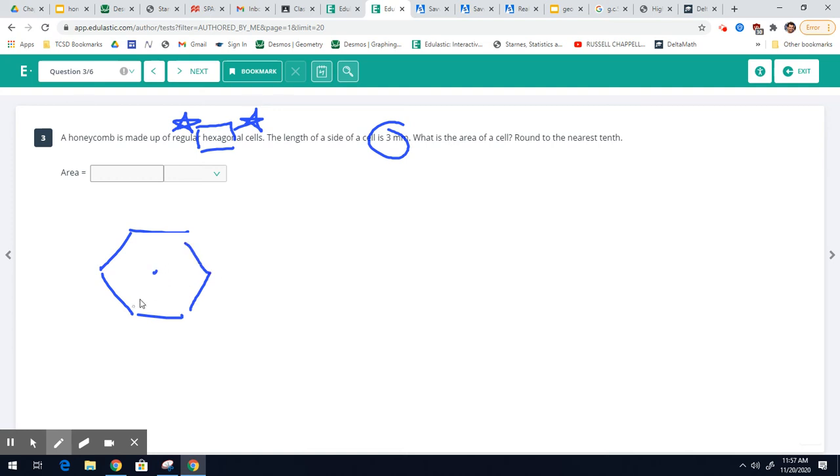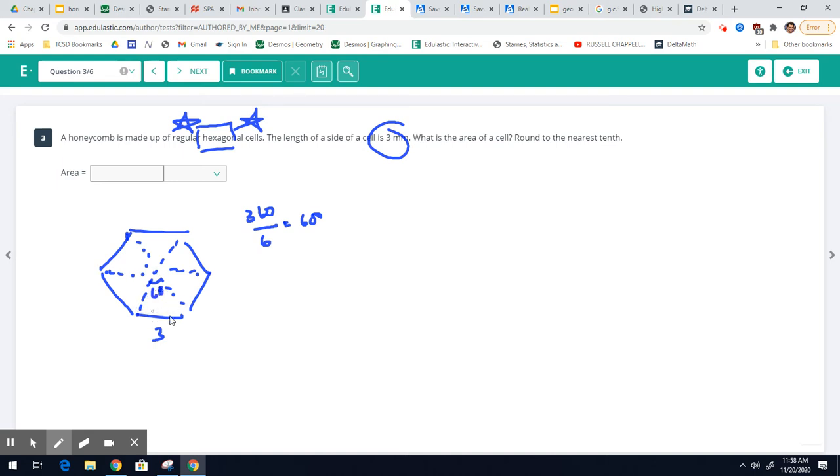Okay, so here's the center. So here's this radius. Okay, let's draw your triangles. Okay, so this side is 3. Now, these triangles are all congruent. So what is going to be the measure of the central angle right there? Well, again, we take 360 and divide by the number of sides, which is 6. That's 60 degrees. This angle is 60 degrees.